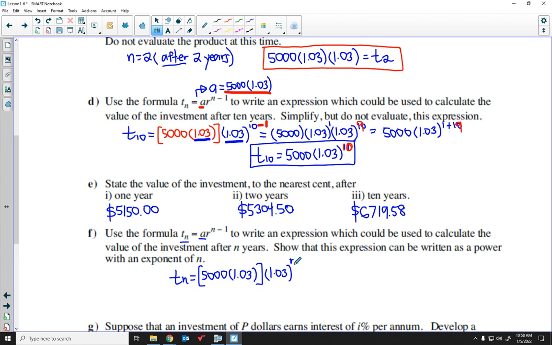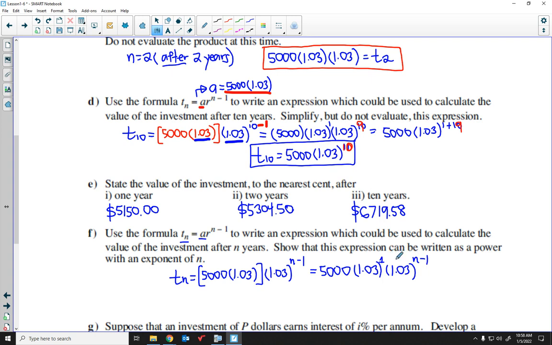And this time, we're not going to replace n with 10. It's going to be n minus 1. Let's not forget that -1 this time. So once again, you can still simplify by combining exponents. We can write this down as 5,000 multiplied by 1.03 to the power of 1 times 1.03 to the n minus 1.